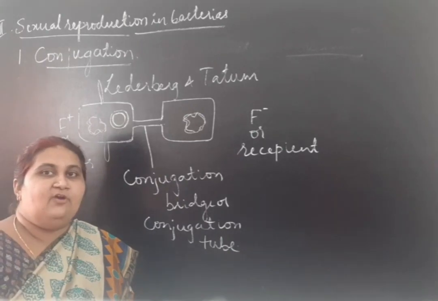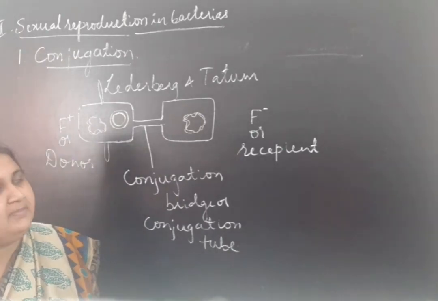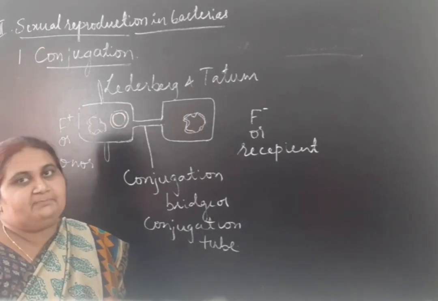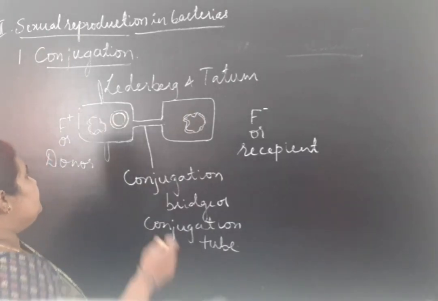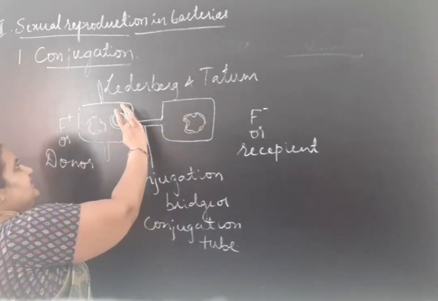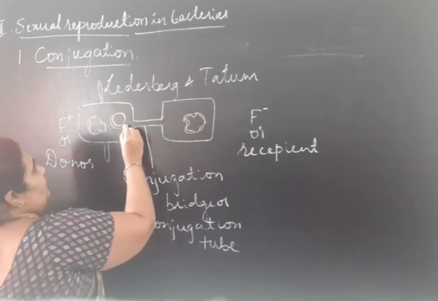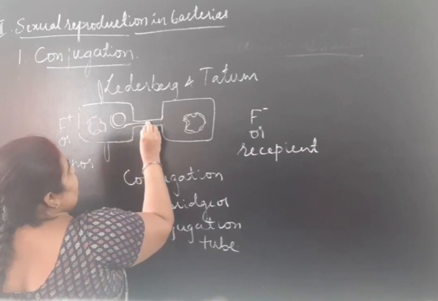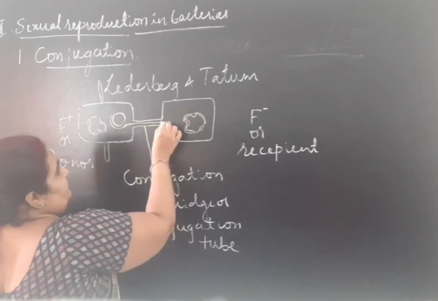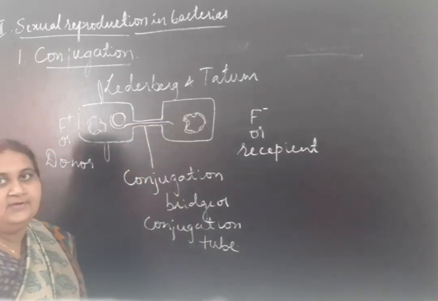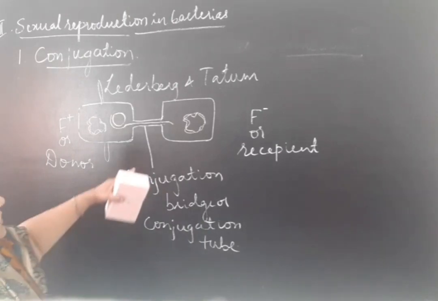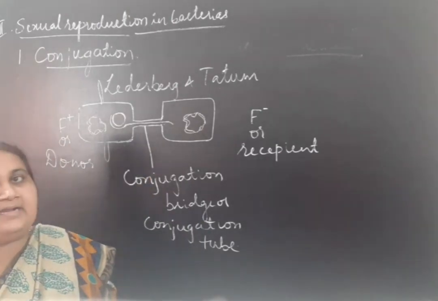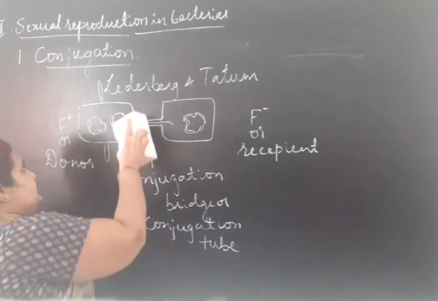One more copy of the plasmid is produced. After the replication of the plasmid takes place, what happens? See here, this slowly moves like this, into the recipient bacterial cell.